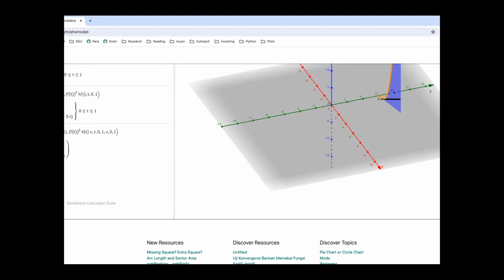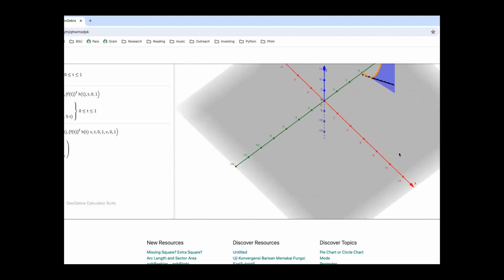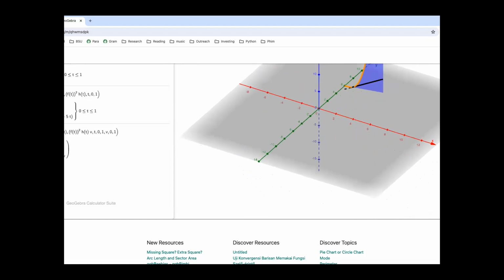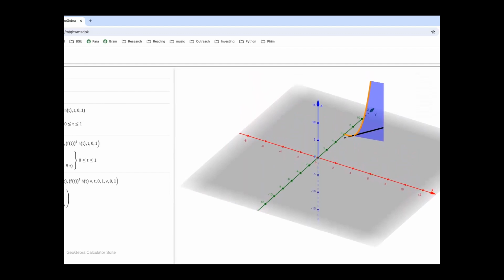So x squared should be x squared times y, so I did it wrong here. Instead of h of t, it should be g of t. That's the typo, but hopefully you get the idea. We good? Okay.